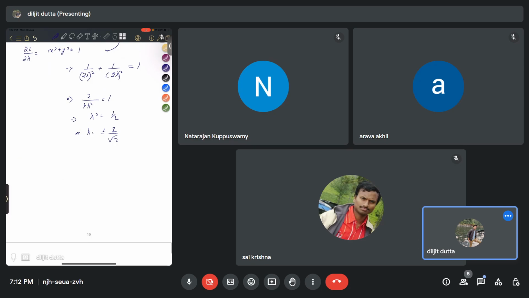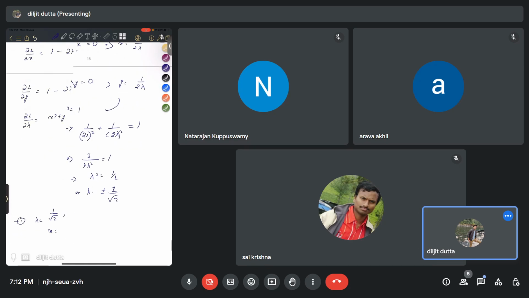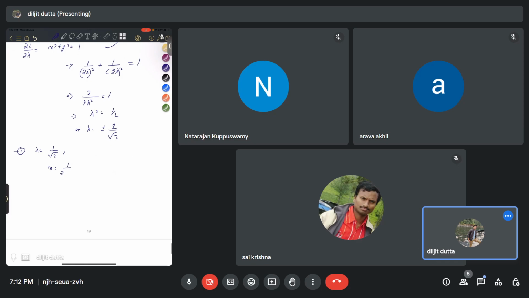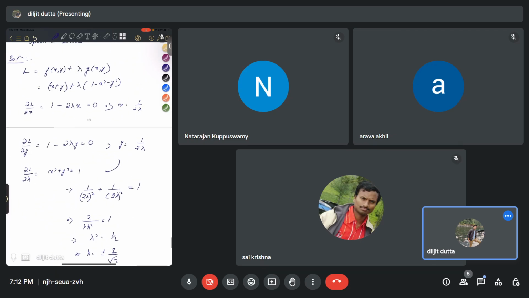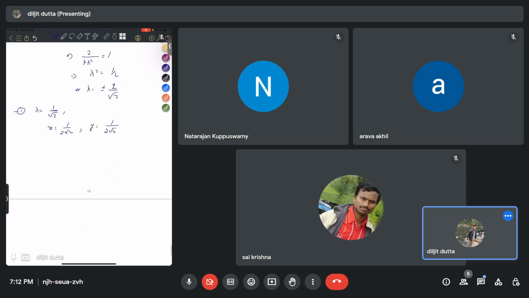Okay, we will see for each value of lambda. So now for the first condition, lambda is equal to 1 by root 2. So in that case, x is equal to how much? 1 by 2 root 2. Y is equal to 1 by 2 root 2. So the function value will be 1 by 2 root 2 plus 1 by 2 root 2.